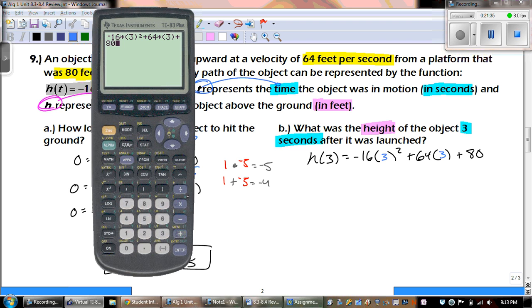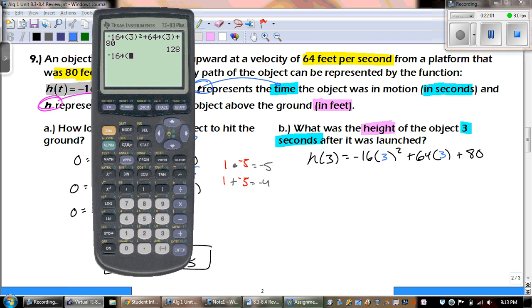Remember, we have to be very careful when we're plugging that in. And what did you guys get? Well, I got 128. Did I do that right? I don't know. Let's double check. So negative 16, I always like to double check because I want to make sure I got it right. Okay, we're timesing that by 3.